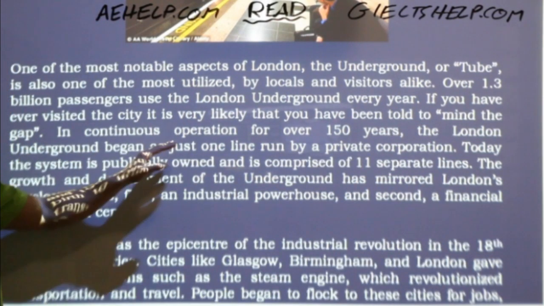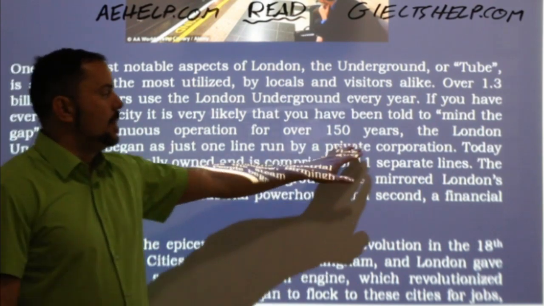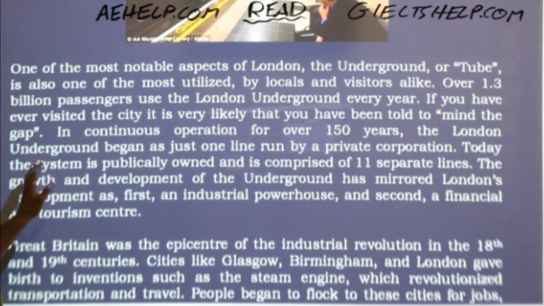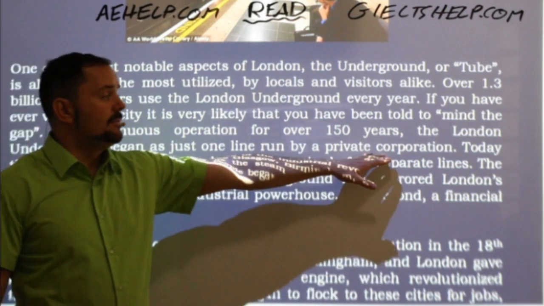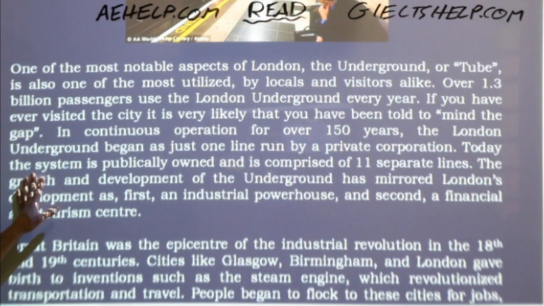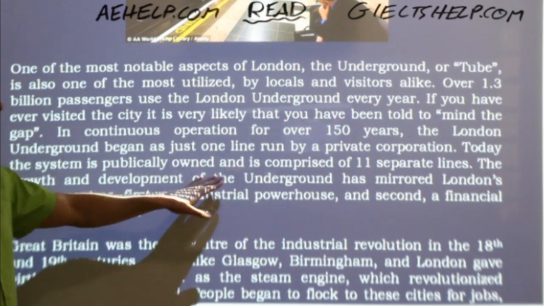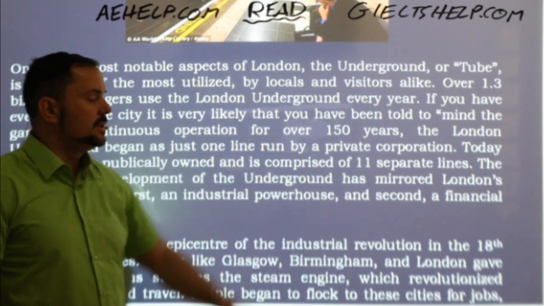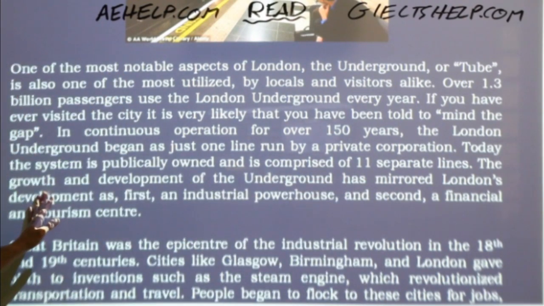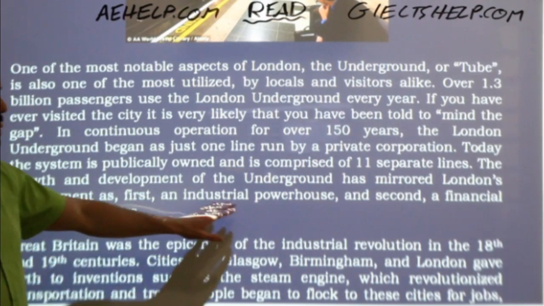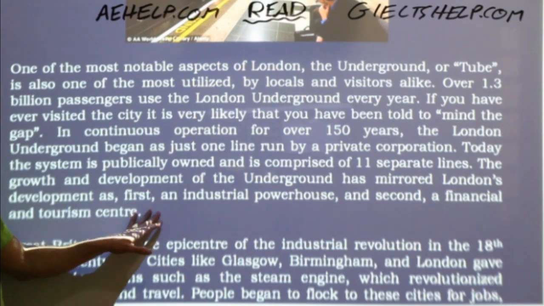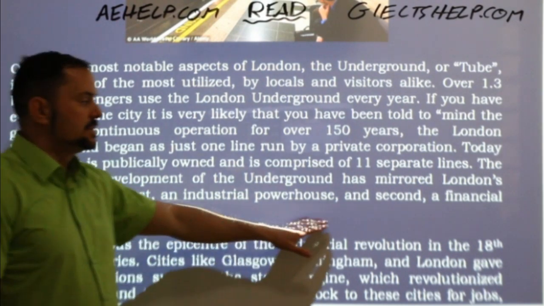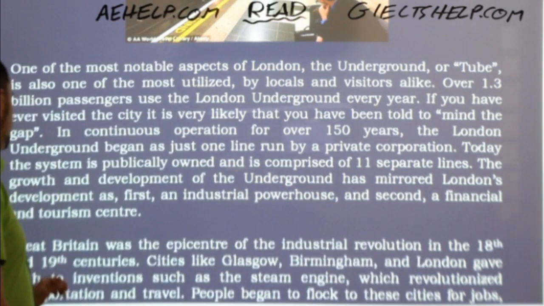In continuous operation for over 150 years, the London Underground began as just one line run by a private corporation. Today, the system is publicly owned and is comprised of 11 separate lines. The growth and development of the Underground has mirrored London's development as first, an industrial powerhouse, and second, a financial and tourism center.